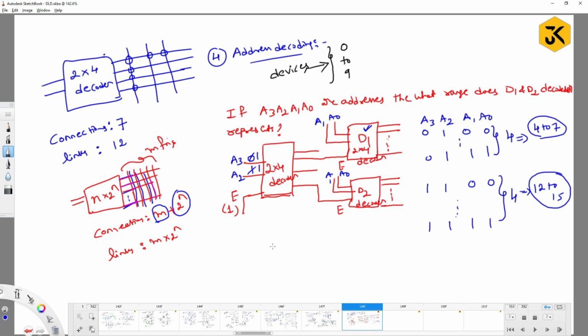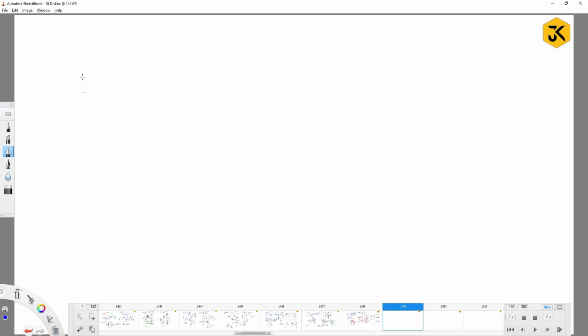So if I conclude, we have seen various kinds of advantages of a decoder. What are those? First, you can go with any kind of basic logic circuits. Another is that we can simply convert from one kind of input data to another kind of input data.